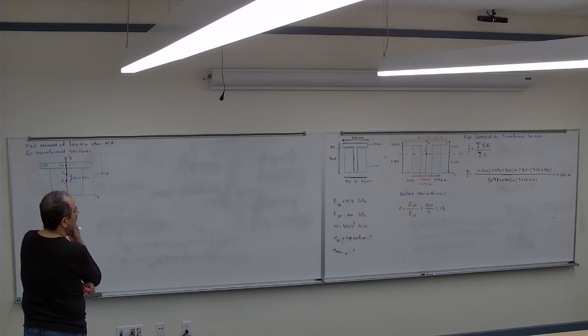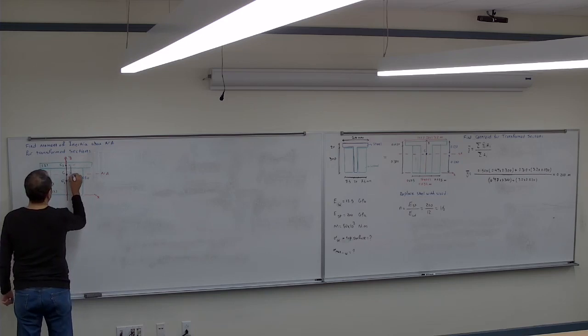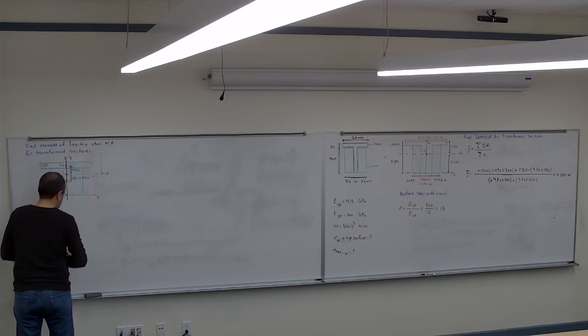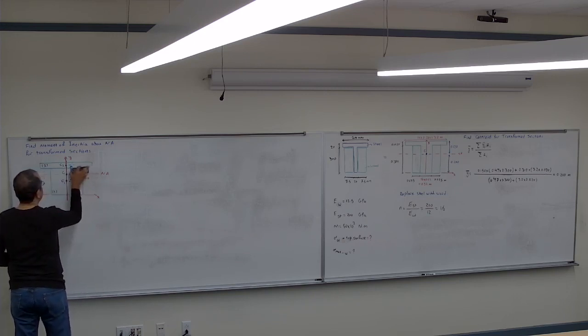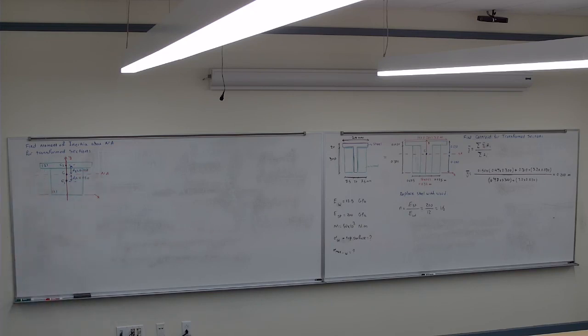So 310 minus 200, it's going to be 110. D2 is 110. Double check that I get them right. So those are the distances.